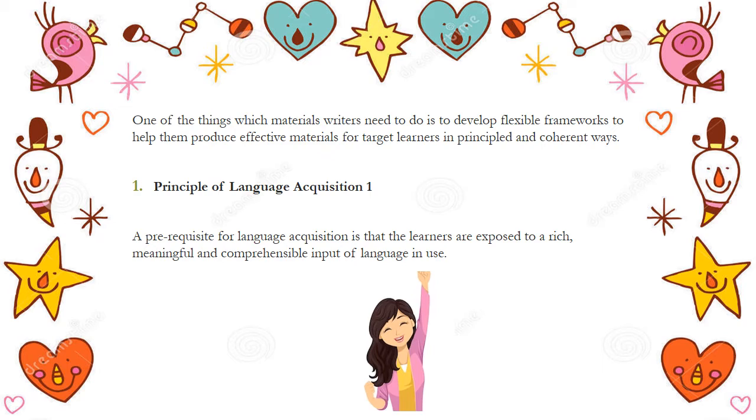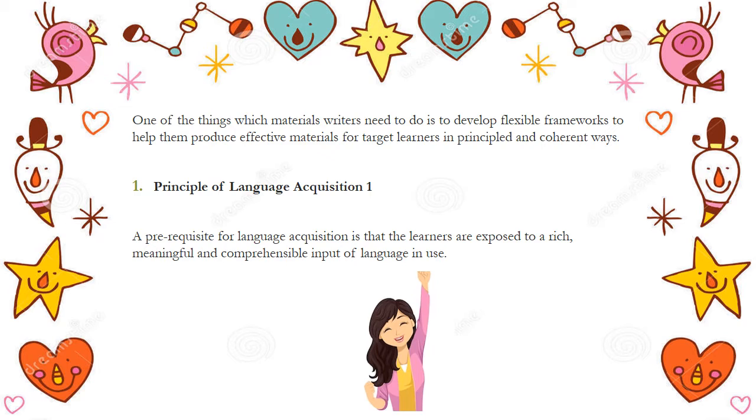I consider dividing the principles of language acquisition into four parts. So the first is, I consider a prerequisite for language acquisition is that the learners are exposed to a rich, meaningful, and comprehensible input of language in use.